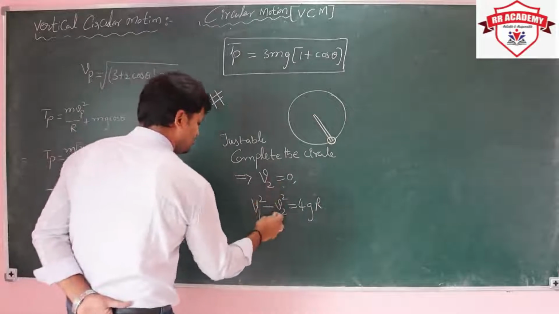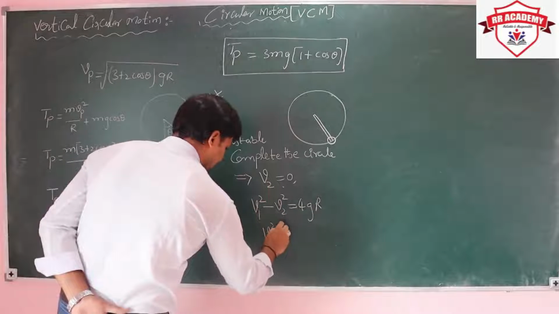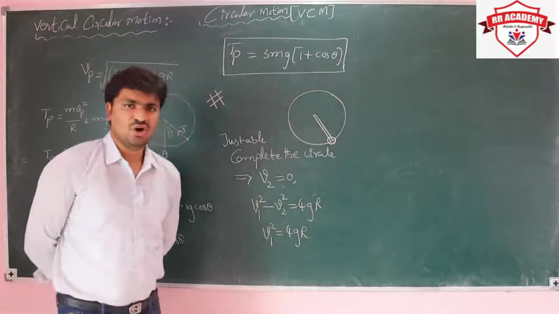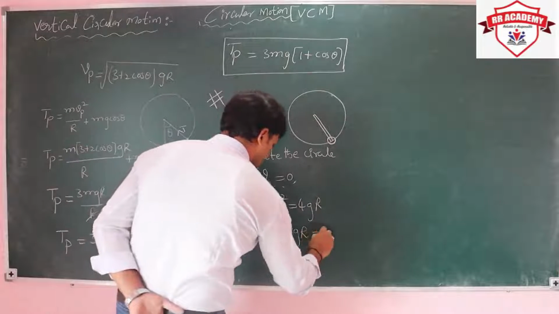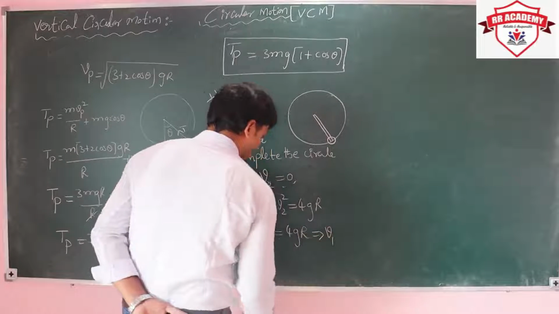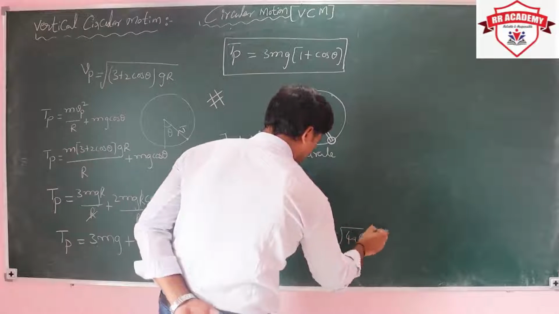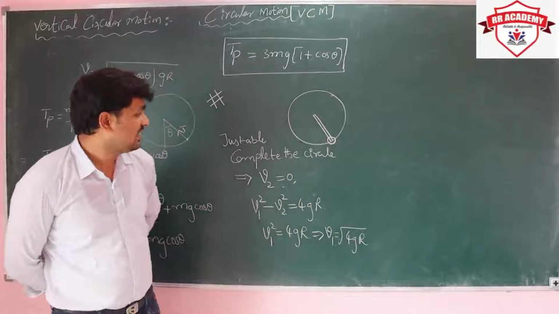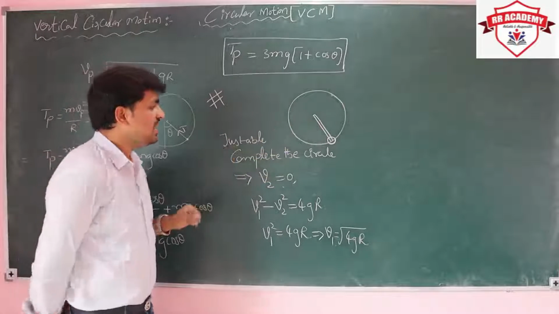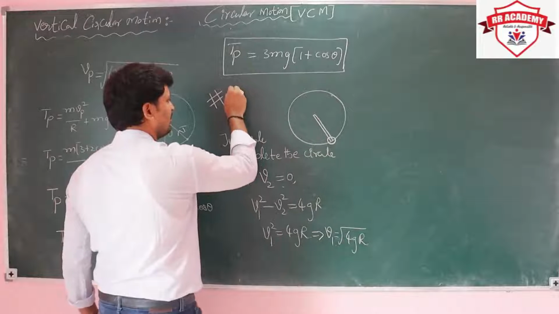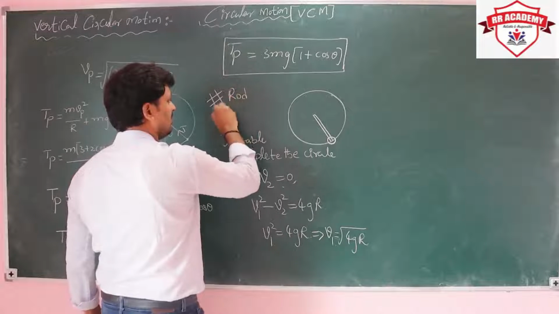Then v2 square is 0, so v1 square is equal to 4gr. That means v1 is equal to under root 4gr. This is the particular condition when a rod is taken in place of the string.